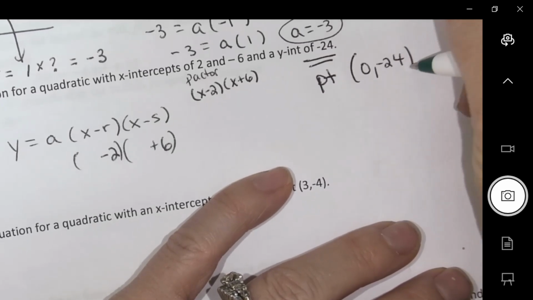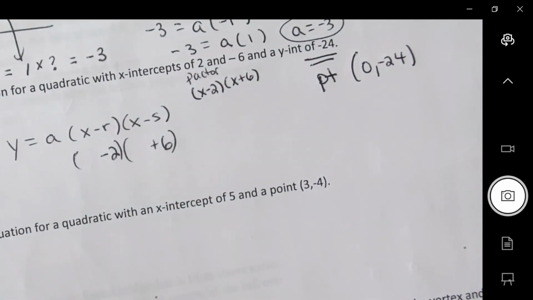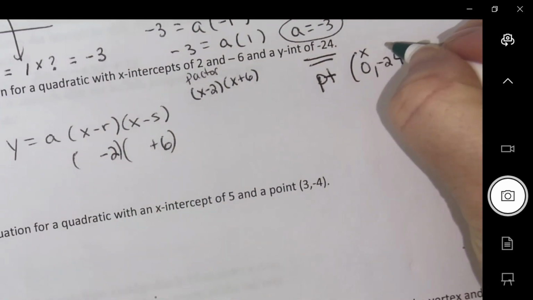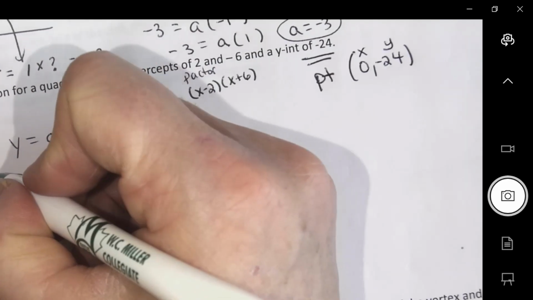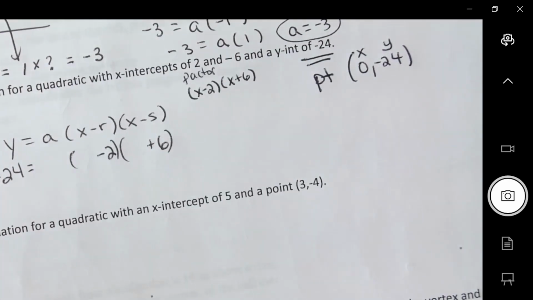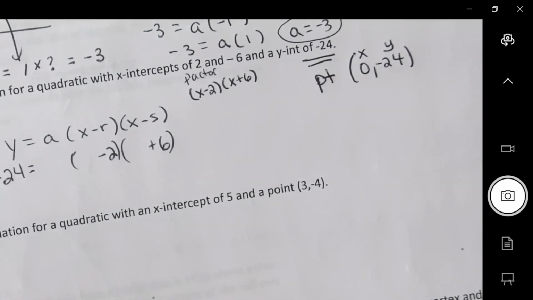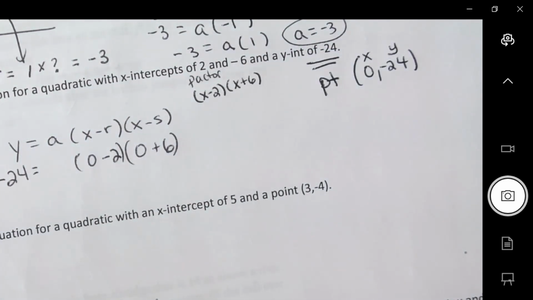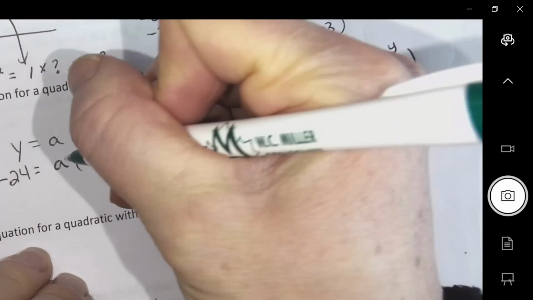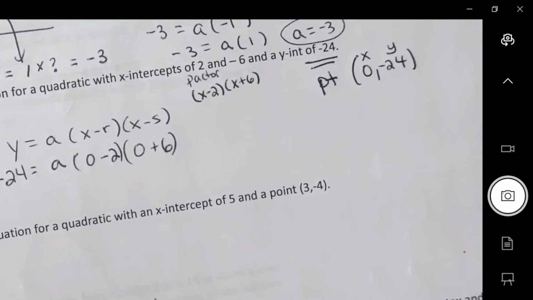And we just did this, so that's a point. And a point will tell me an x number and a y number. So that means I'm going to replace y with a negative 24. I'm going to replace the x's with a 0. And I'm going to figure out a. This is the same kind of idea every time. You're going to figure out a.